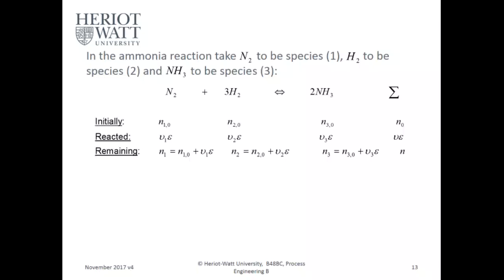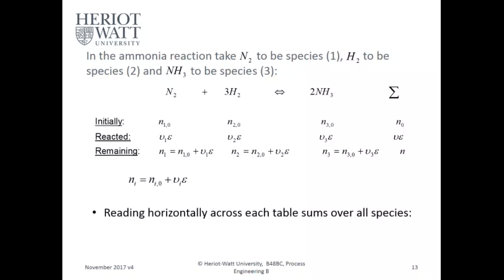When reacted it is V1 epsilon, V2 epsilon, V3 epsilon, and V epsilon is the sum, and the remaining is N1 equals N1 0 initial plus V1 epsilon, so how far the reaction is taking place, and it's related to time. N2 equals N2 0 plus V2 epsilon, N3 equals N3 0 plus V3 epsilon, and the total, the sigma, is the number of moles total. So Ni equals Ni0 plus Vi epsilon.